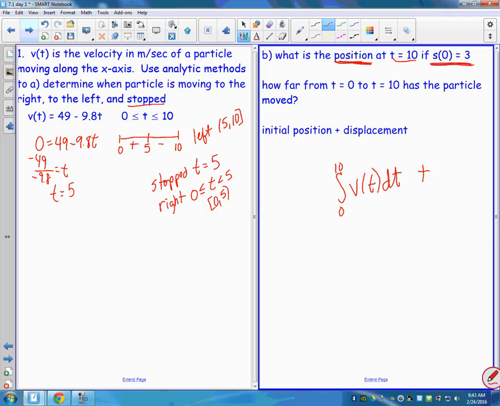So I'm going to say plus s of 0, and then I'll actually put it in here. Or you can put it out in front. Displacement is how much it changes.